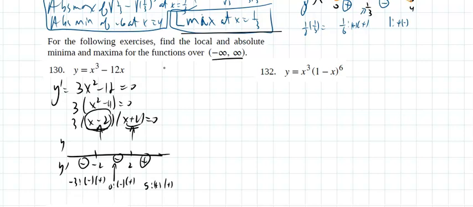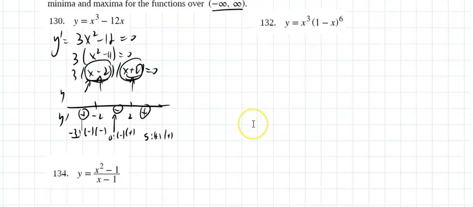So in this case, oh, I messed up. When you pick -3, -3 minus 2 is negative. -3 plus 2 is -1. That's actually a negative, not a positive. So negative times a negative is a positive. So what do we know here? If the derivative is positive, the function is increasing, decreasing, increasing.